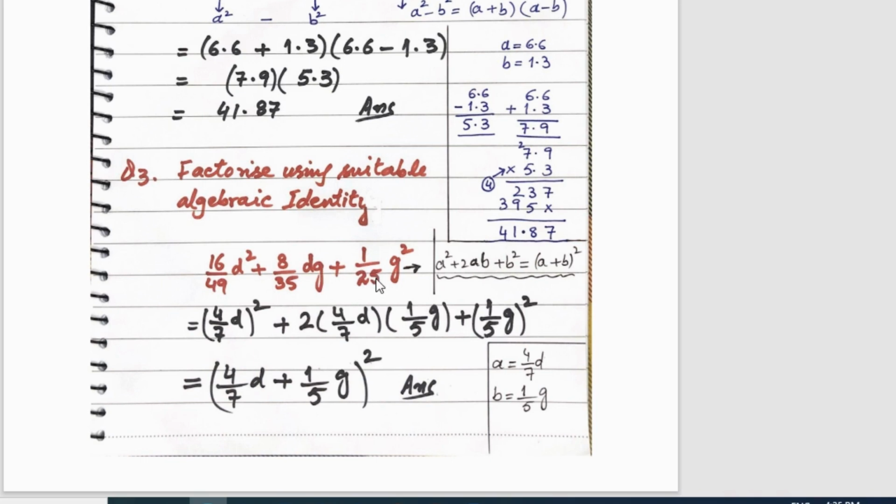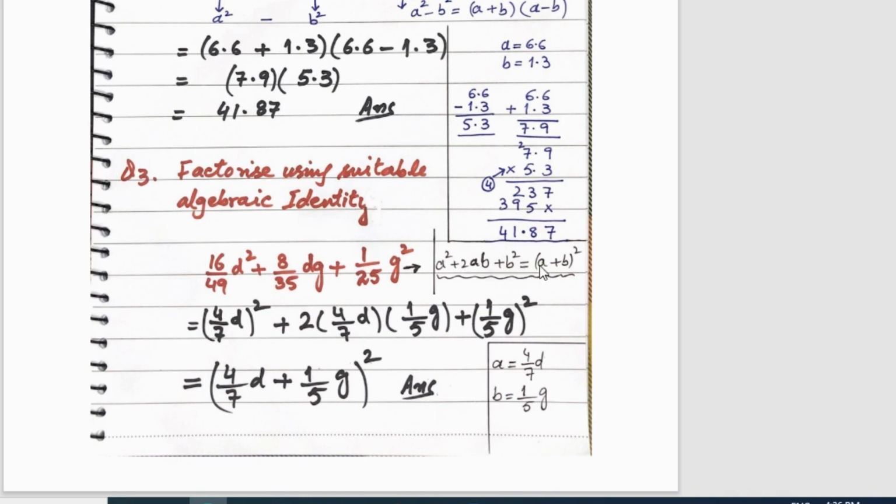Then your process is correct. Now you are ready to write this whole expression in the form of a whole square, because you have a square plus 2ab plus b square. So this is the whole left hand side of ID1.